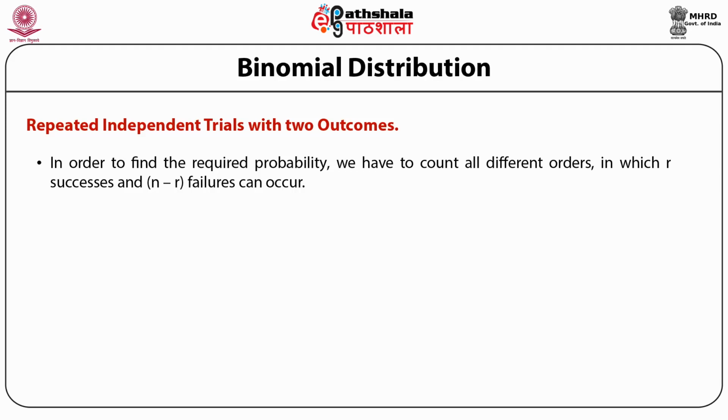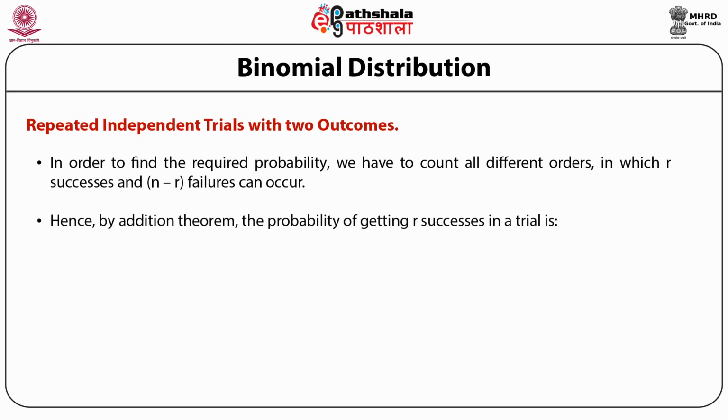This is in fact all possible arrangements of n letters, of which r are S, success, and n minus r are F, failure, and is equal to nCr, which is written as n factorial upon r factorial into n minus r factorial. So by addition theorem, the probability of getting r successes in n trials is nCr into p^r into q raised to power n minus r.